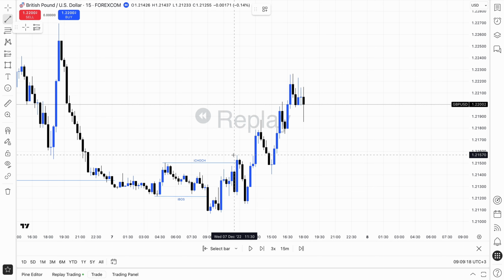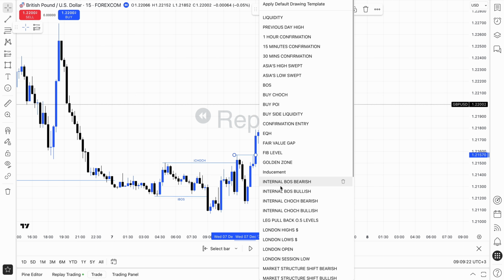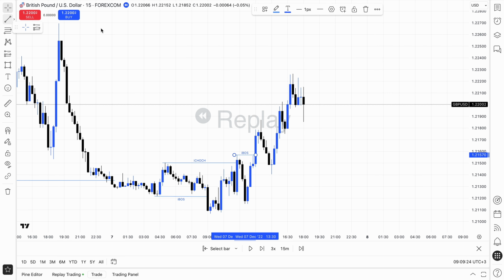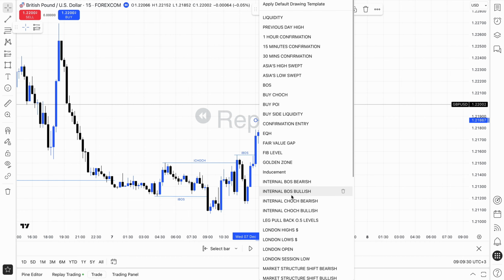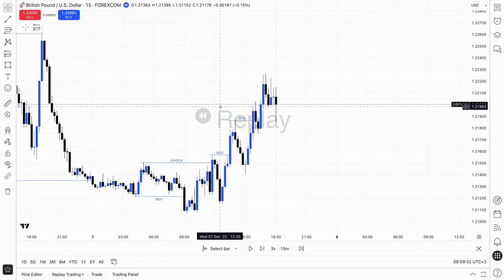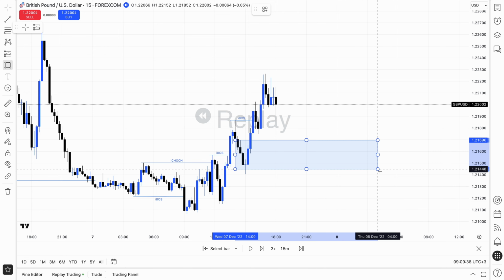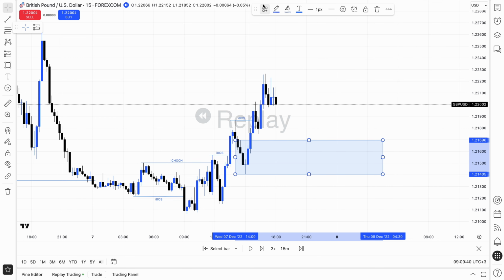Okay, I had our break of structure to the upside. Then break of structure to the upside. And have our demand zone, which is here.